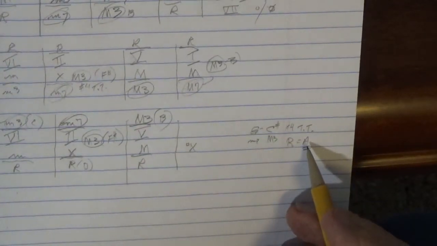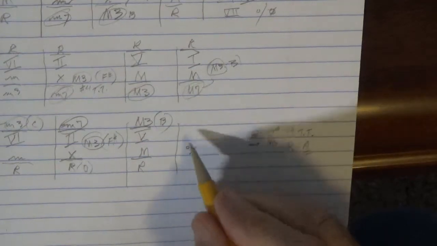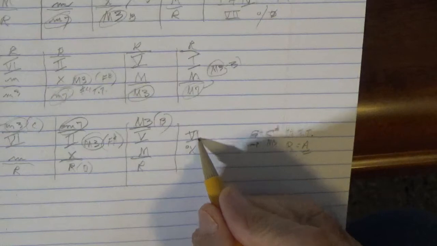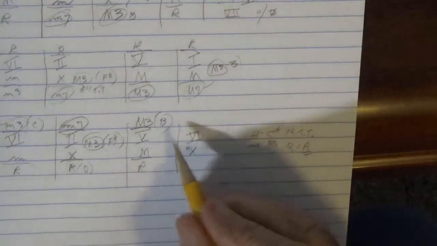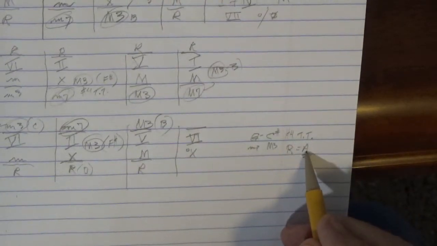Now, what position does A hold in the C major scale? Well, the submediant. Okay? Now then, what's the uppermost note of this submediant chord with the A being the missing root?